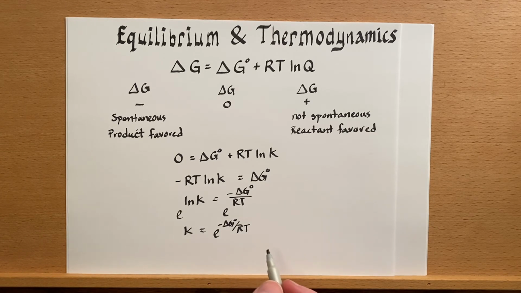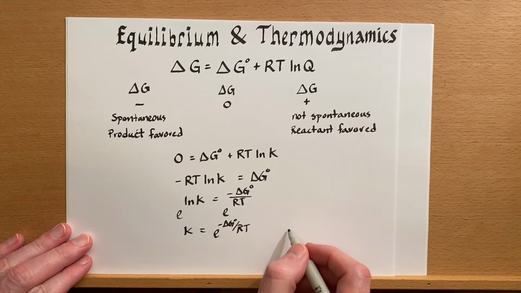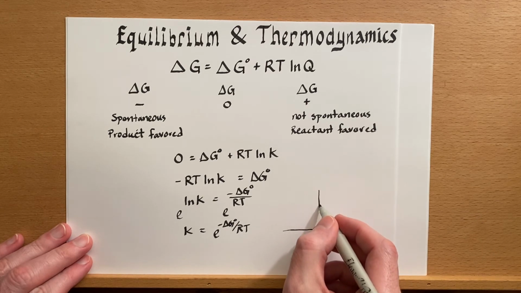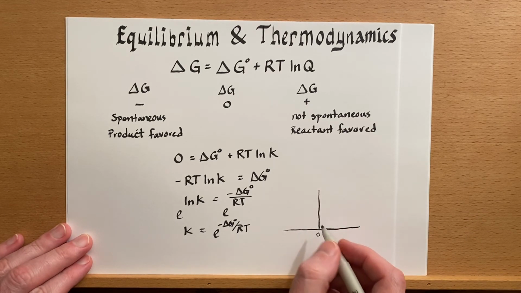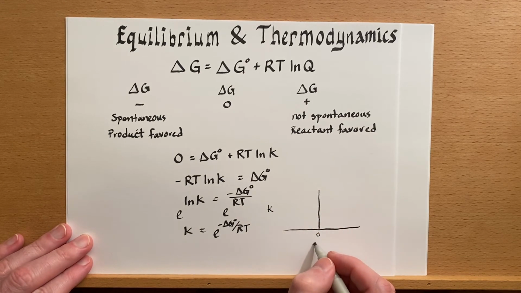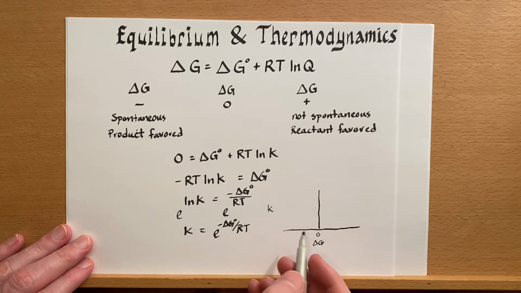Well, if we were to graph what the value of K is versus the value of delta G at some temperature, then we would get a graph that would look something like this. So we'll have delta G and we'll have 0 right here. Now, K is on our y-axis and delta G is on our x-axis.